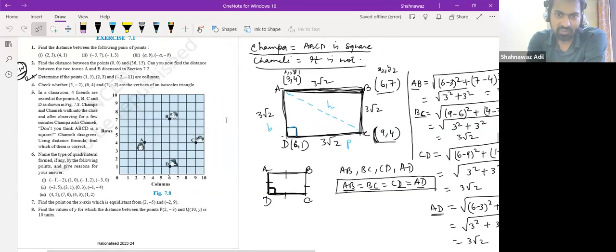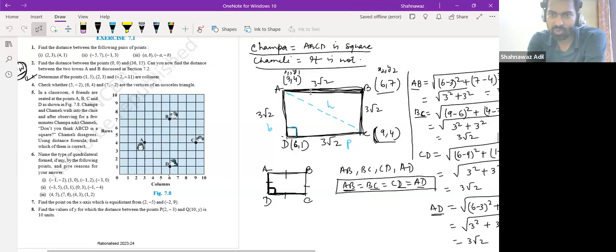In the fifth question, the coordinates of A, B, C, D are given. Champa is saying that it is a square and Chameli is saying that it is not a square. So we have to find out which one of them is correct.